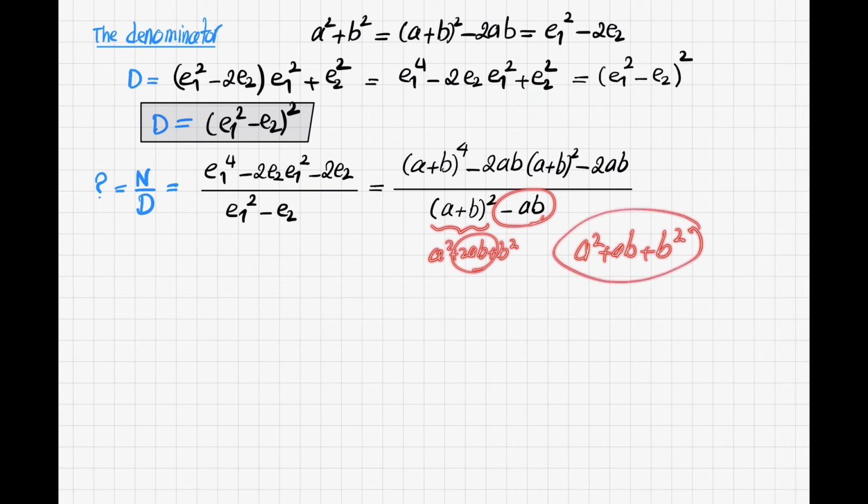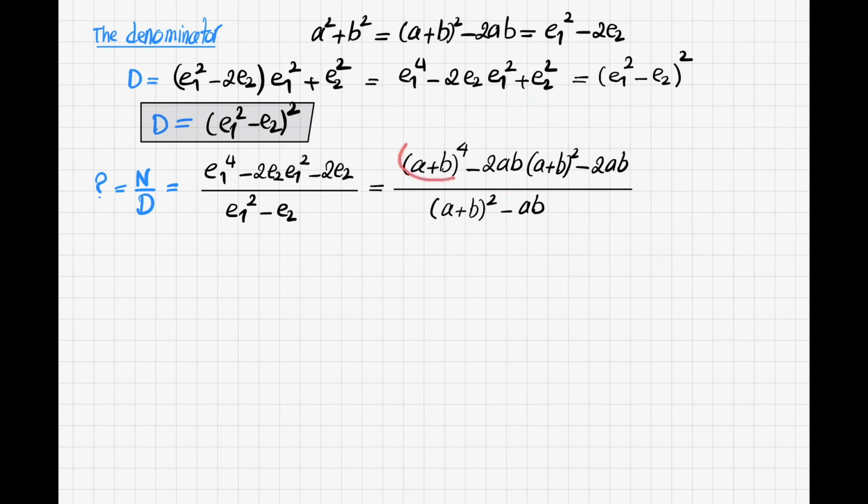Okay. But of course I can do the same thing for here, but to avoid raising it to power 4, even though we know how to raise it to power 2, to power 4, I told you how to do it using the binomial expansion, for example, or you can raise it to power 2 once and then raise it to power 2 again. But to avoid that, I prefer to do it in this way. So as I told you, hopefully you realize the denominator is just a squared plus ab plus b squared.